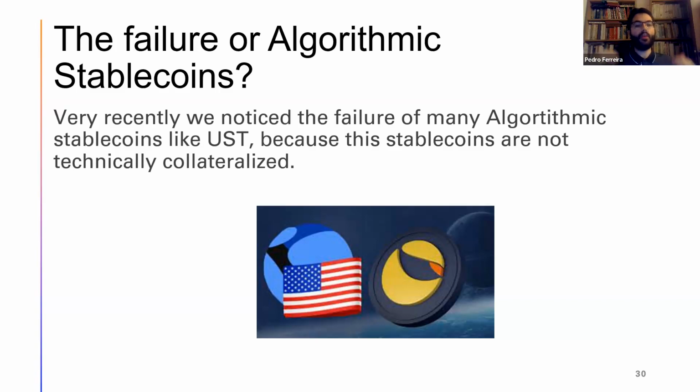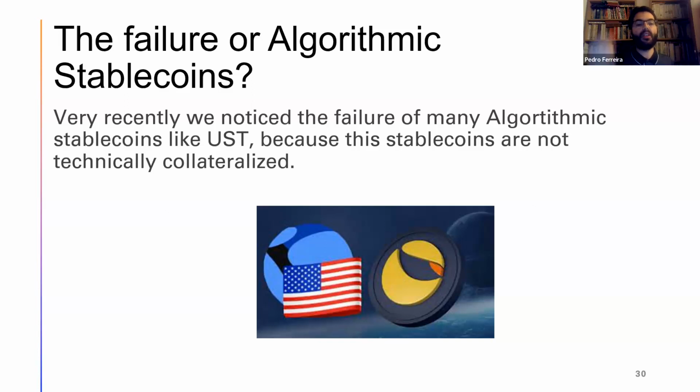That means that when there was a bank run, in this case, a crypto run, when people started converting the UST to other assets, to other things, there was not enough liquidity to satisfy the surge of withdrawals. And that made the UST, which was usually pegged to the dollar, depeg, and basically some people lost almost everything.